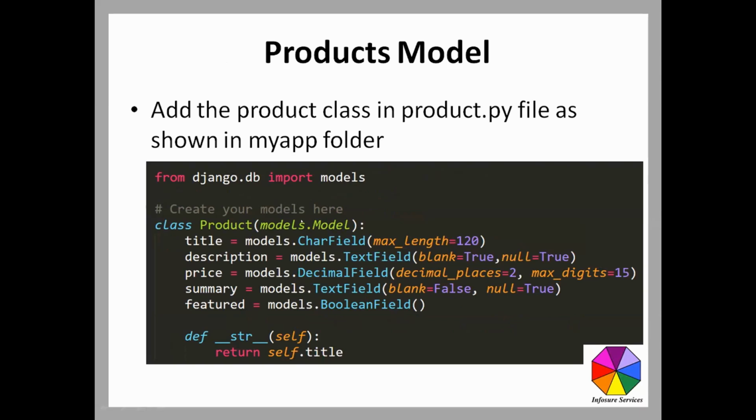And inside models is a class called Model, from which you have made a child class. Whenever you want to create a model, like in this case, a product model, you will go this way. You'll use models.Model.